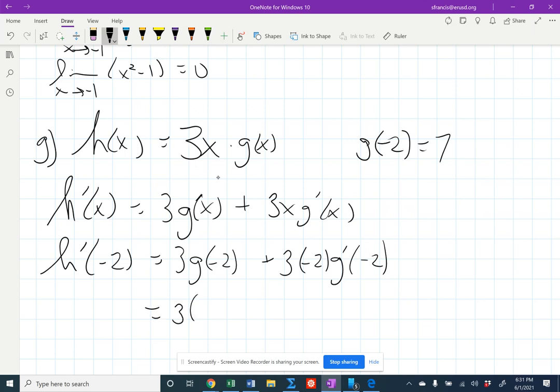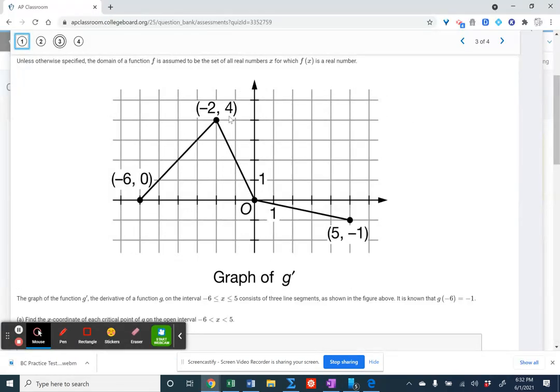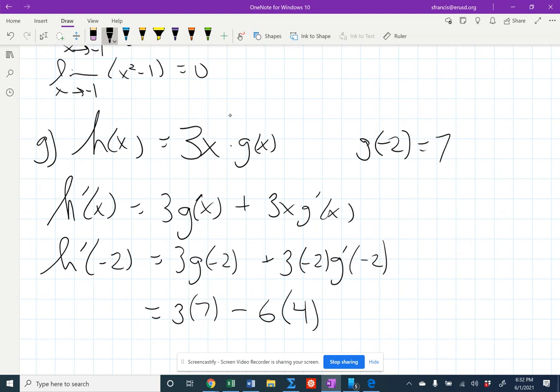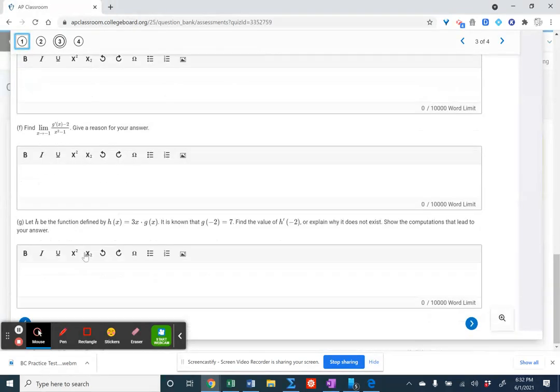So it's going to be 3 times 7, since they told us g of negative 2 was 7, minus 6 times g prime of negative 2, since 3 times negative 2 is negative 6, and I don't remember what that is. So that's 4. So that's 21 minus 24, and you get negative 3. That's it for question number 3.